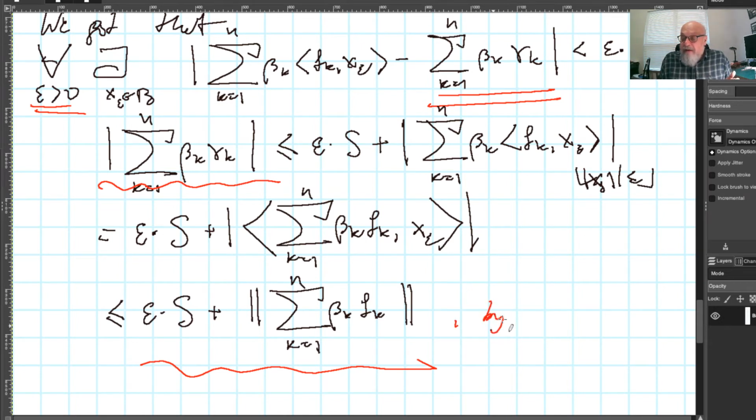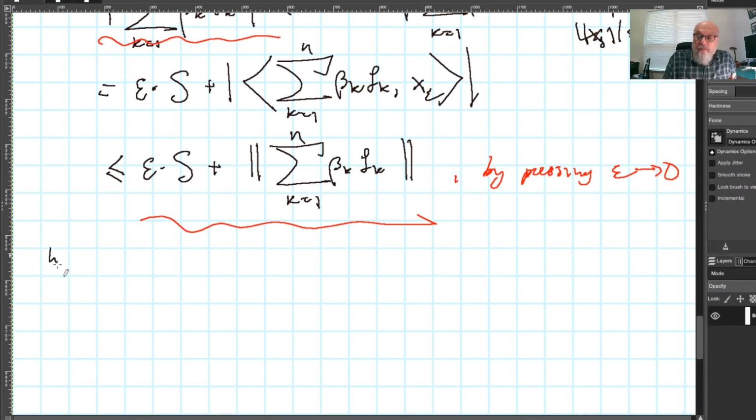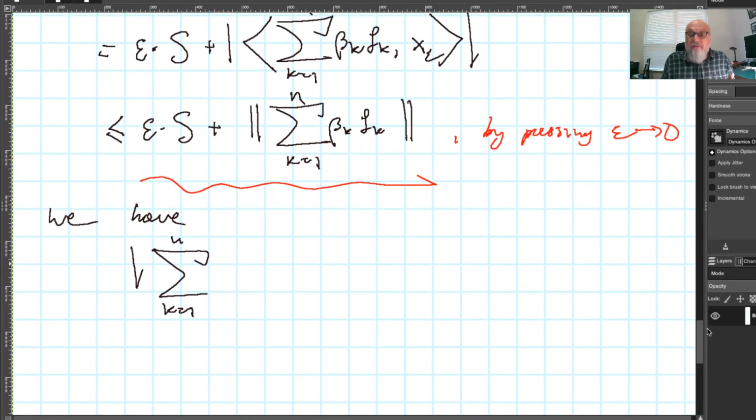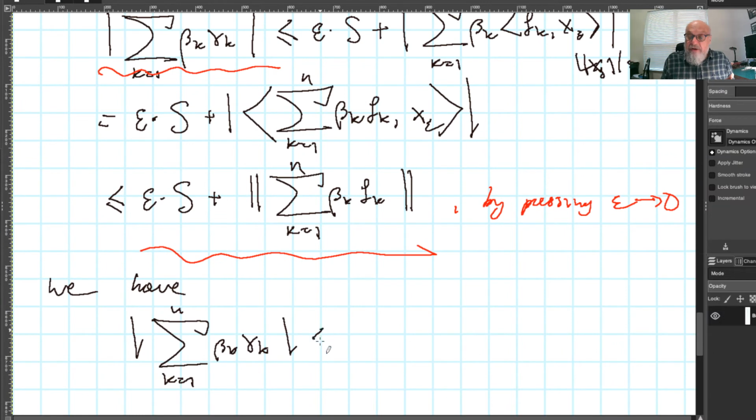By passing with epsilon to 0, we have that the sum over k equals 1 to n of beta k gamma k is smaller or equal to the norm of the sum over k equals 1 to n of beta k f k.